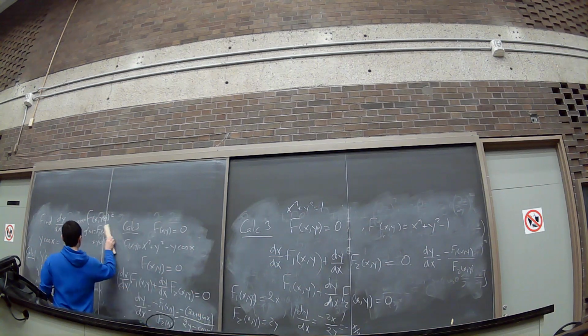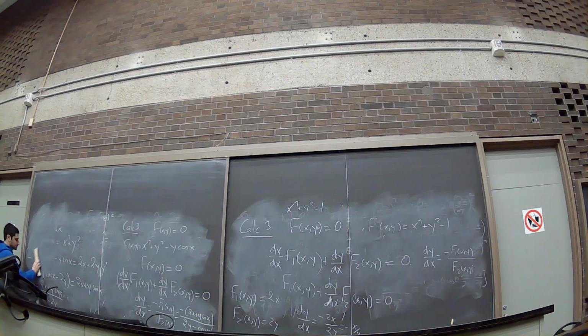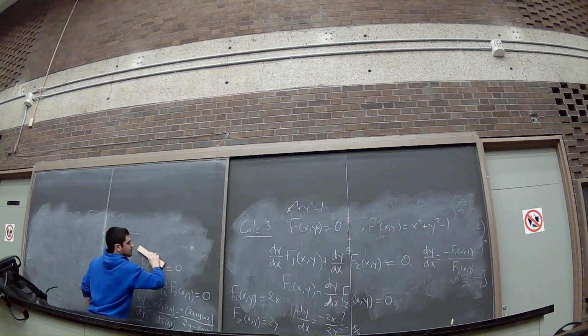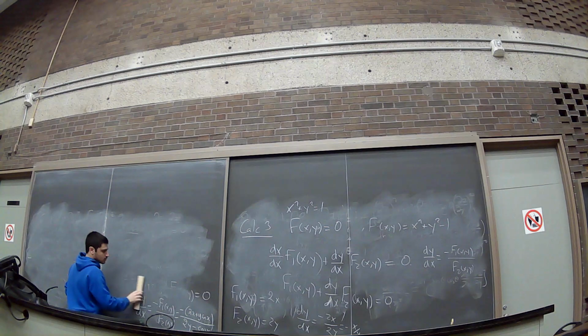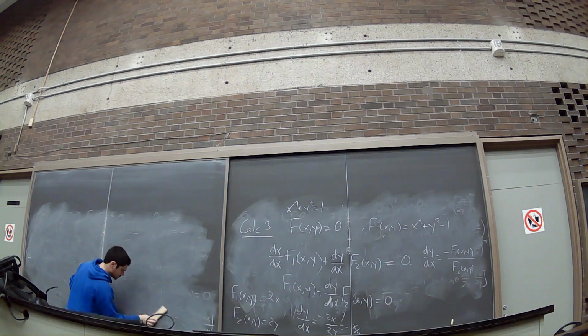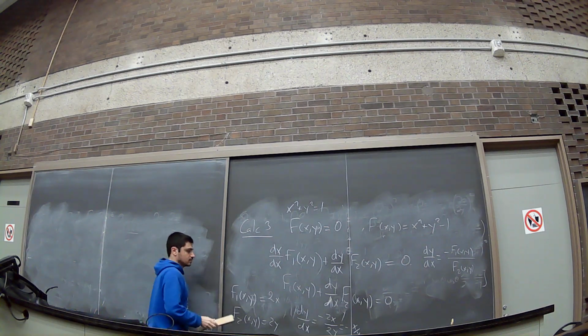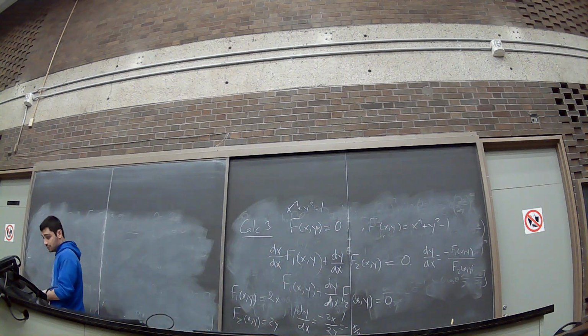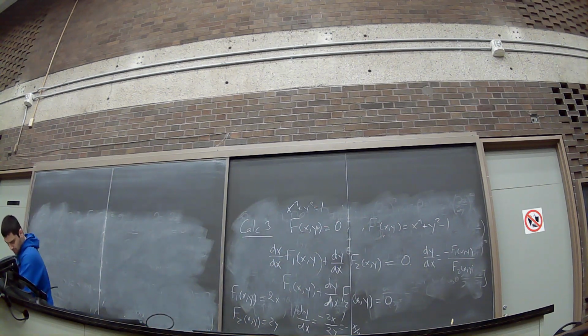Let's do some more examples, and then we move on to two variables. Now we will not worry about the conditions. We will worry about the conditions tomorrow. Those of you who are taking 264, I think you'll revisit this.